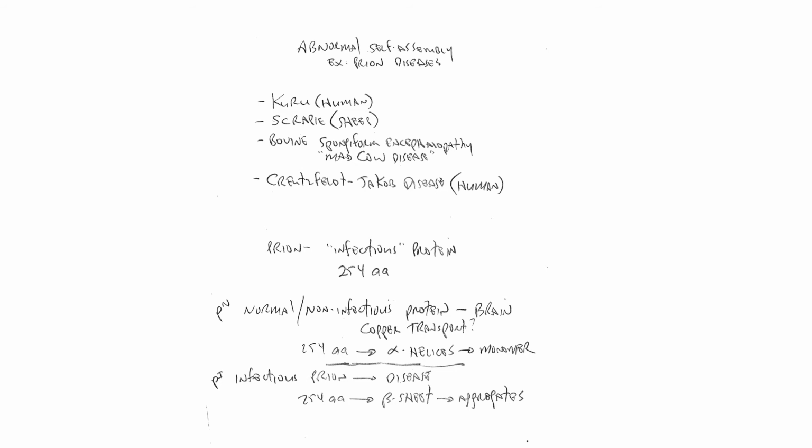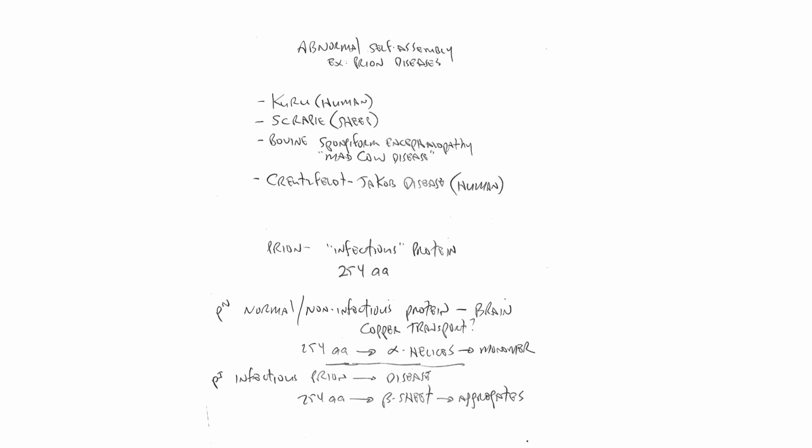So we make a protein that is this 254 amino acid protein, which is crucial for normal brain function. Now, in the normal one, if you look at the structure from crystallography, it's all alpha helices, and they exist as a monomer, single proteins in the brain.